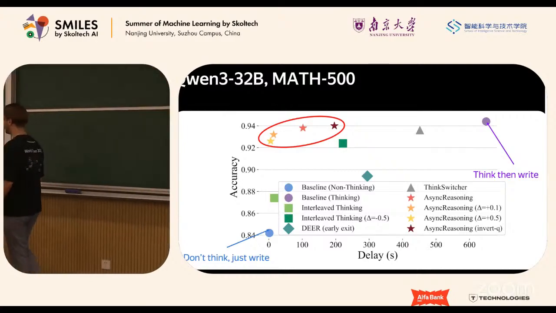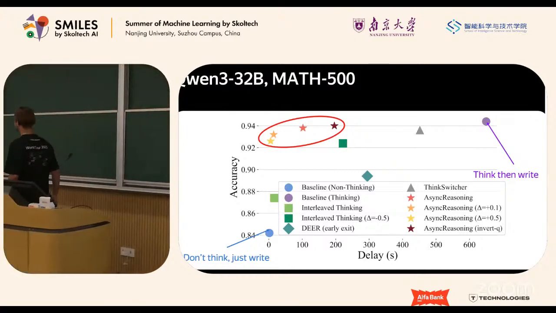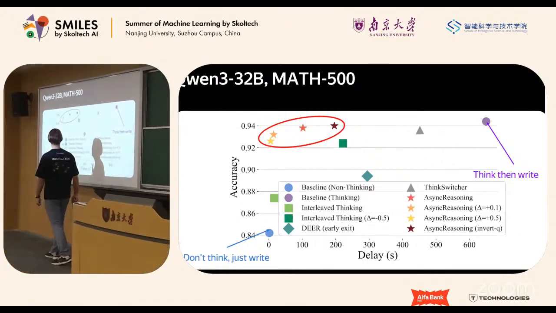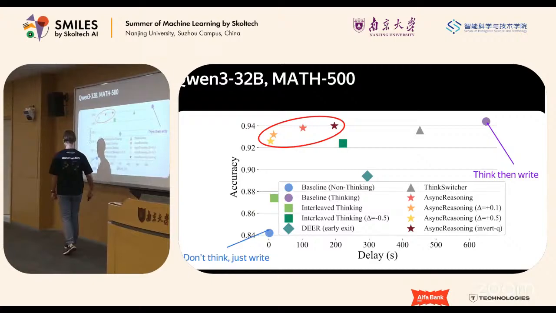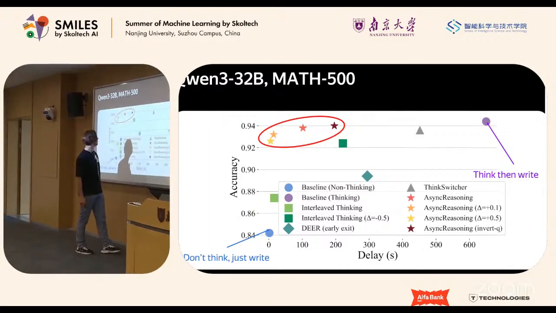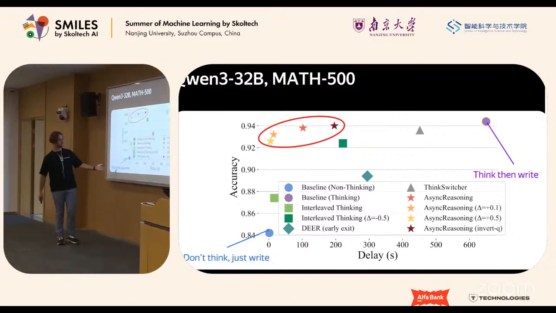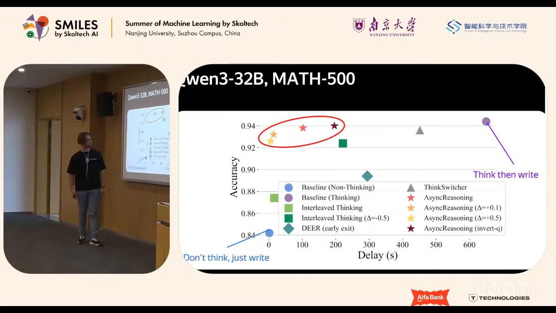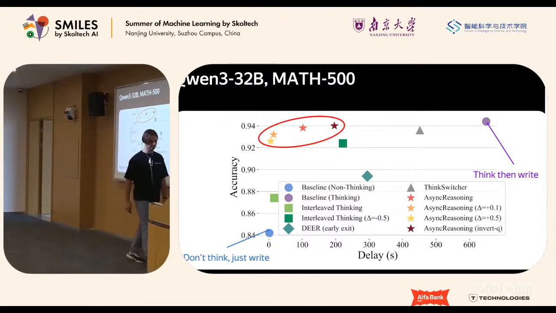And on average, that gives higher delays but higher accuracies, while our async reasoning setup, with a few variations of those, can have delays that are closer to non-thinking while achieving the accuracy of thinking baselines.